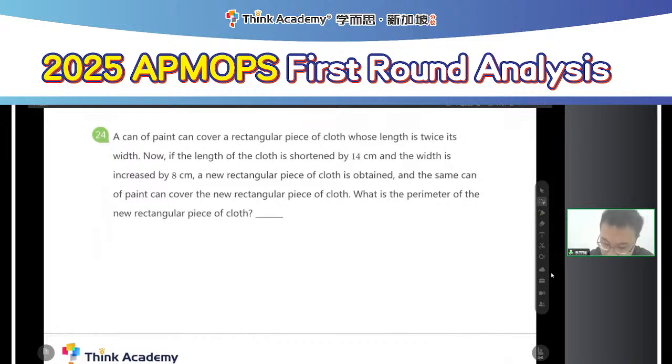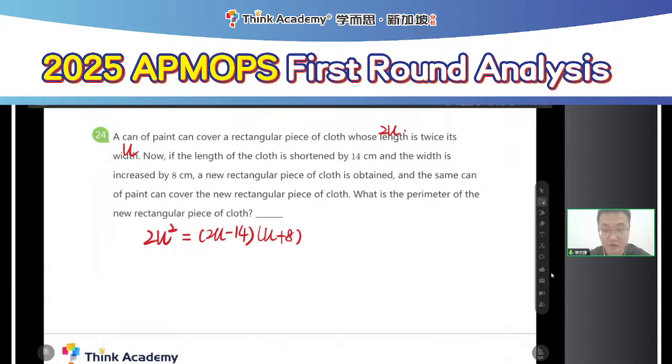So we can assume that the length is 2u and the width is u. So the area is 2u squared originally. And it also equals the length decreased by 40 and the width increased by 8, so 2u minus 40 and u plus 8. Right, and the area is the same.